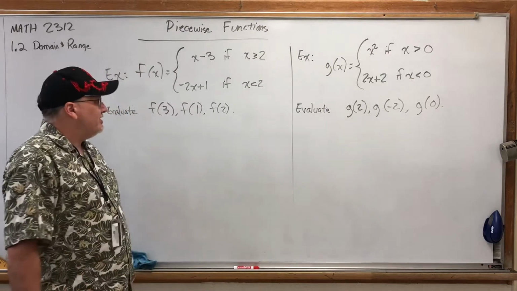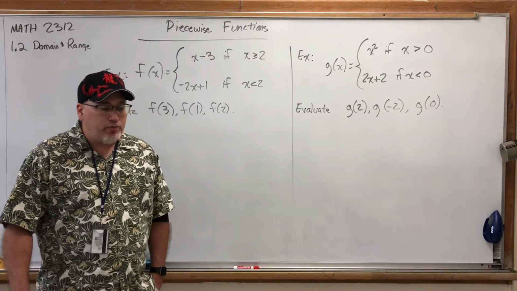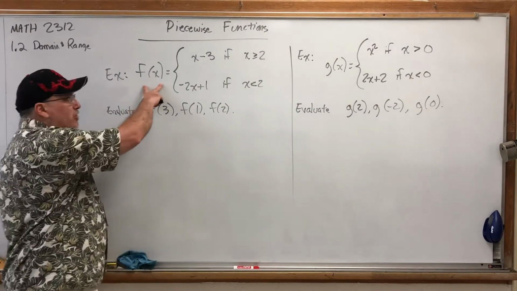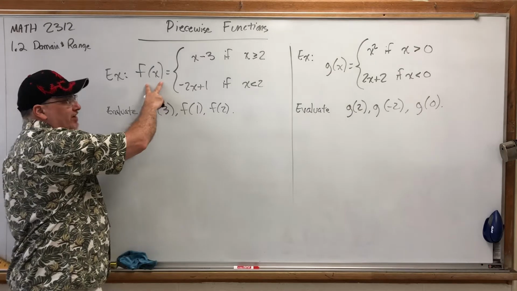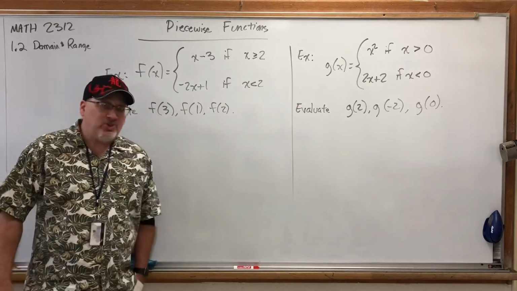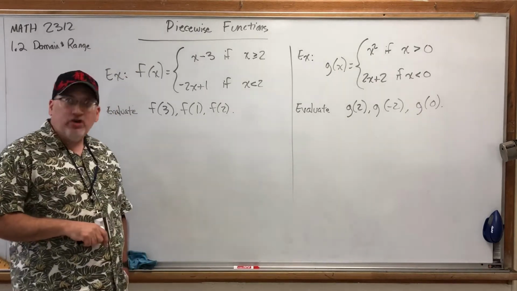The topic that I did not cover yet is called piecewise functions, and they're pretty easy to spot a mile away because you see something written in function notation like f of x equals or g of x equals, but immediately after the equal sign you see this tall brace capturing two or more functions.